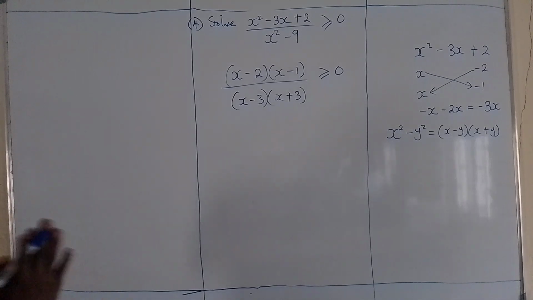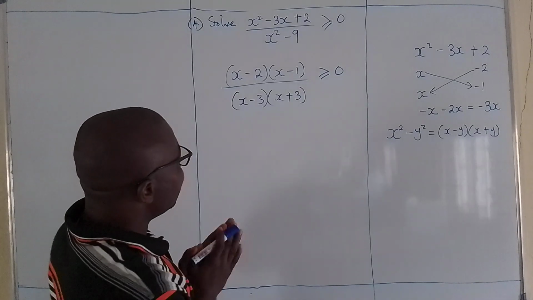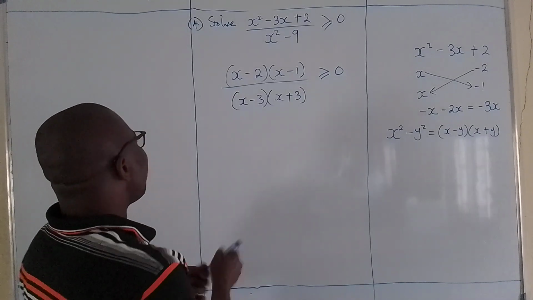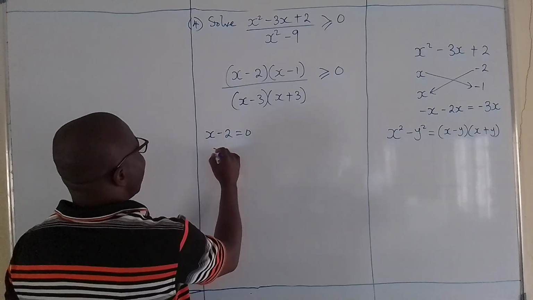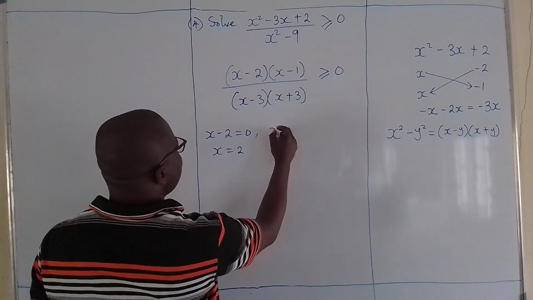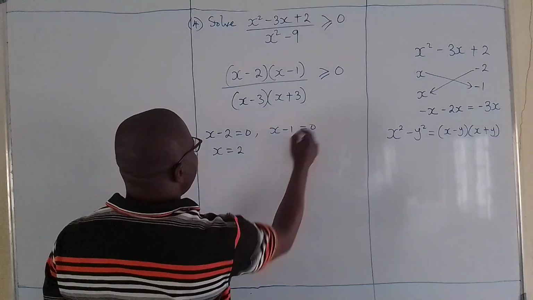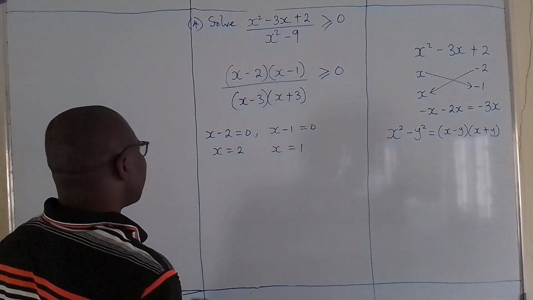So what we do at this point is to equate each bracket to 0 so that we'll have the critical points. Looking at the numerator, if I equate this to 0, I'll have x is equal to 2. If I equate the other one to 0, I will have x is equal to 1. Let's go back to the denominator.